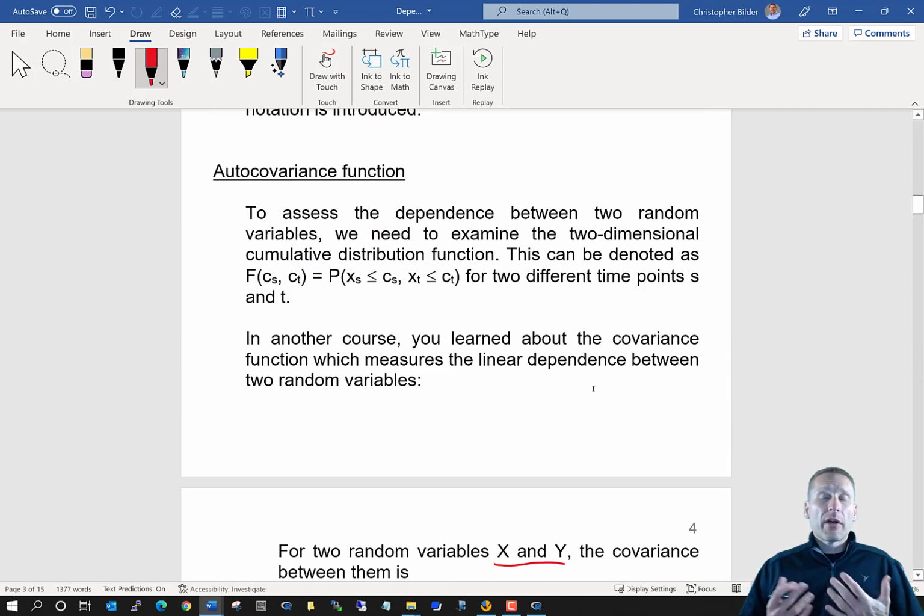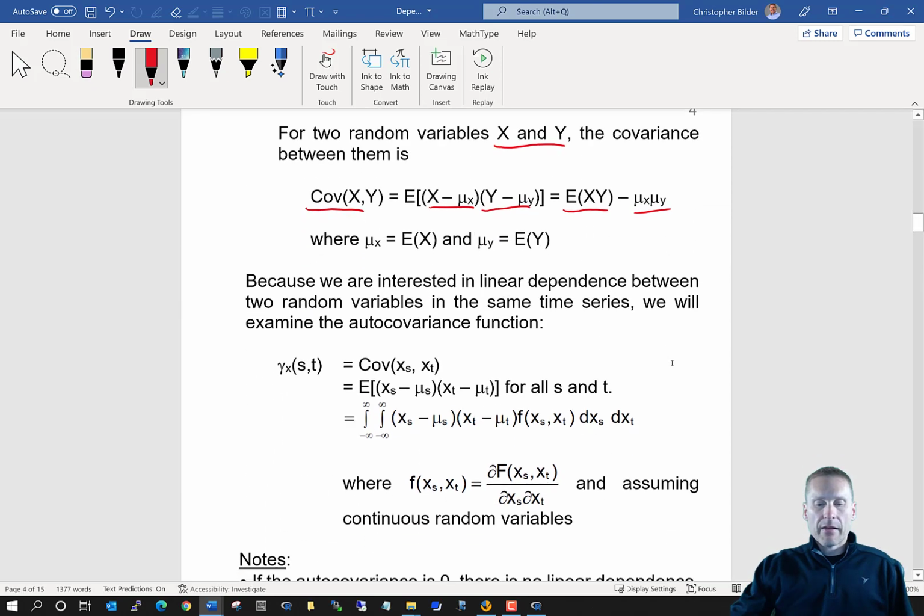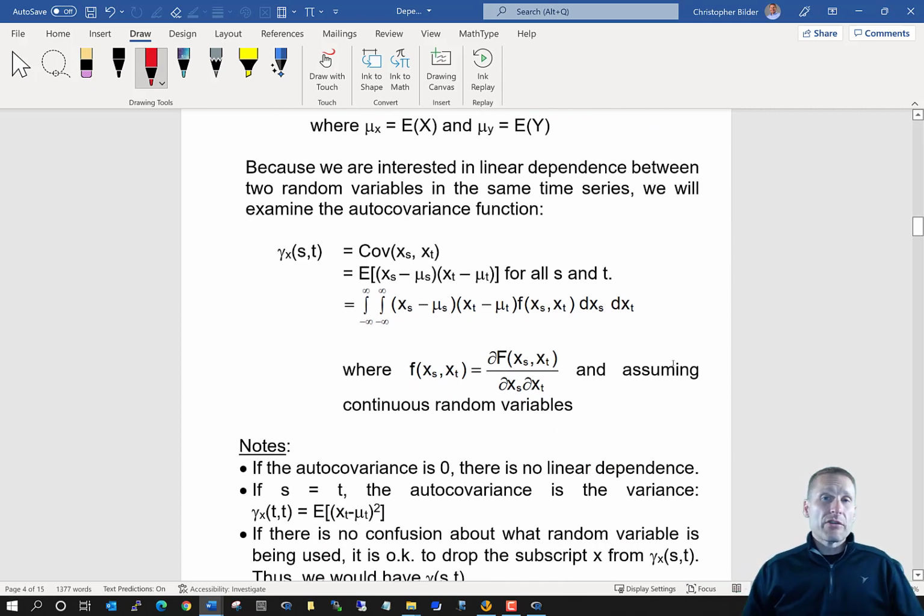Now, we are going to use the same idea of covariance to define what's called the autocovariance function for a time series set of random variables. The word auto is there because we are finding the covariance for essentially the same variable itself, but at different time points. So let's say we're interested in two different time points, s and t.